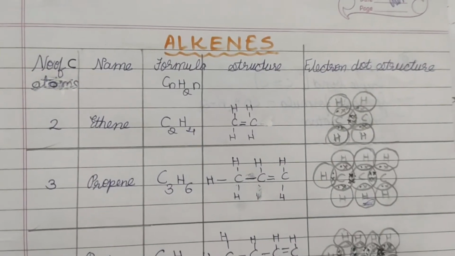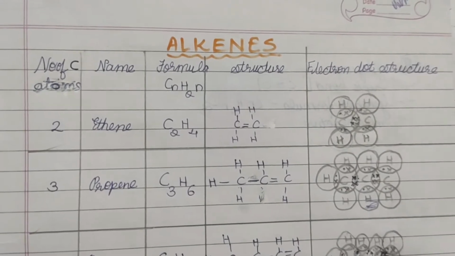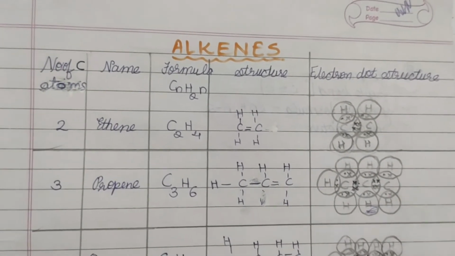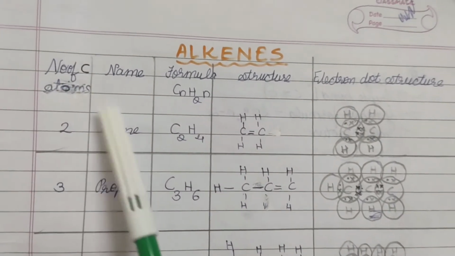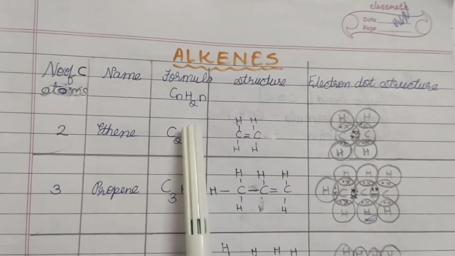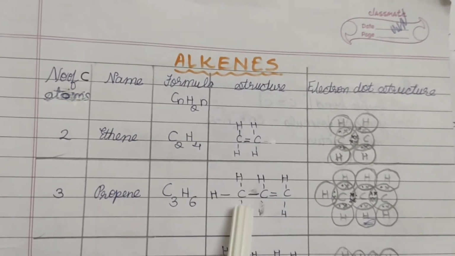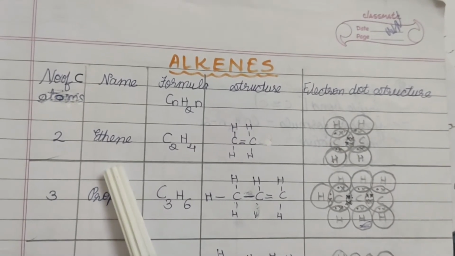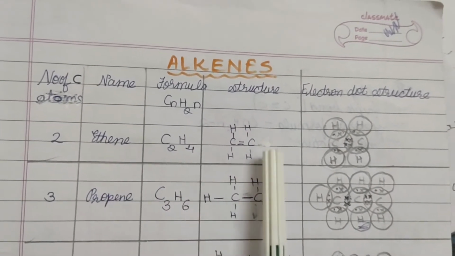Now let us see the structure and formulae of alkenes. Number of carbon atoms, name of the compound, formula CnH2n, and structure and electron dot structure. Ethene, C2H4.